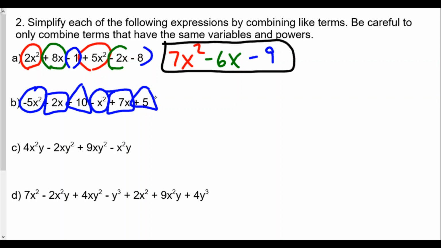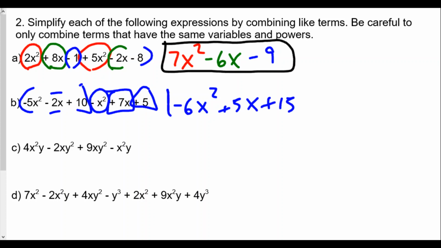So in this case negative 5x squared minus x squared would be negative 6x squared. We would have minus 2x plus 7x is equal to plus 5x. And then, I just want to make sure that's a plus, yes. So the plus 10 plus 5 is going to be plus 15.